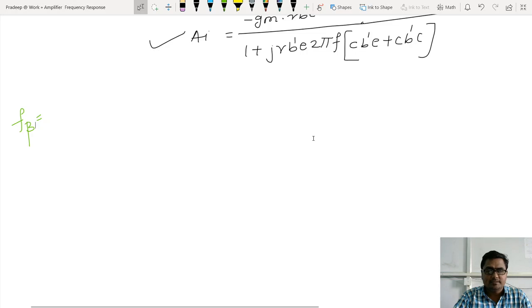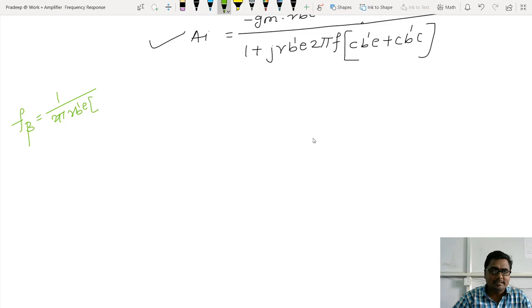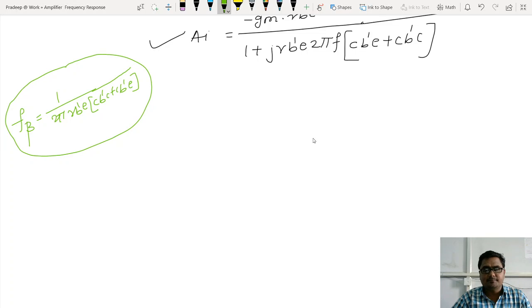What is the value of f beta? It is 1 divided by 2 pi R B dash E times (C B dash E plus C B dash C). Yes, that's what f beta we have derived already. Just check it out. Can you find this f beta in this equation?